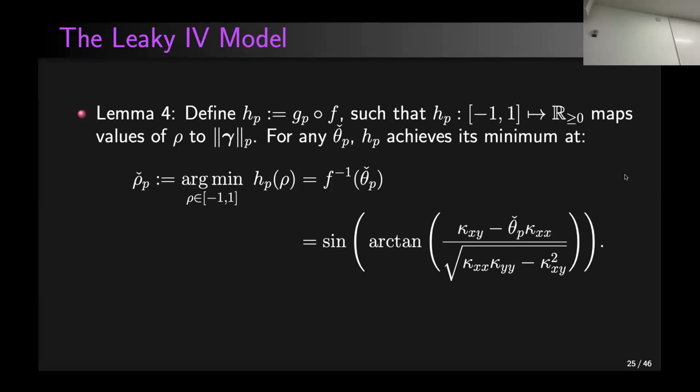This is just spelling out the inverse of what lemma 1 was. Not anything new in that respect, but I need to plug in theta check as the corresponding value of theta. In the case where theta check is not unique, you can plug in anything on the interval, and this is still going to hold.